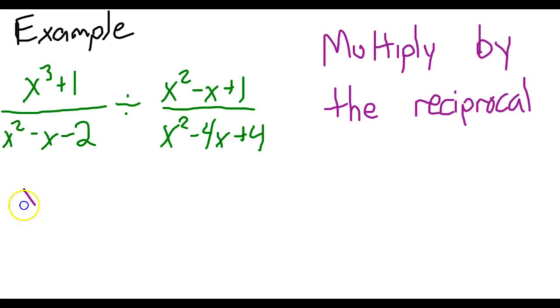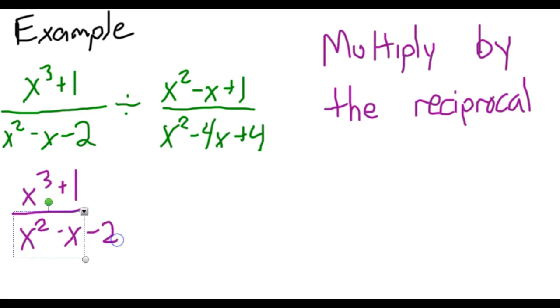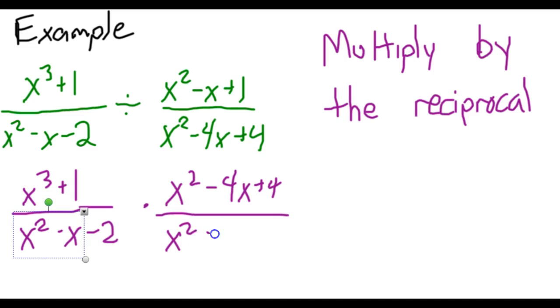So this would become x cubed plus 1 over x squared minus x minus 2 multiplied by x squared minus 4x plus 4 over x squared minus x plus 1.